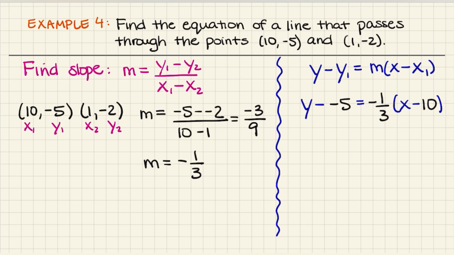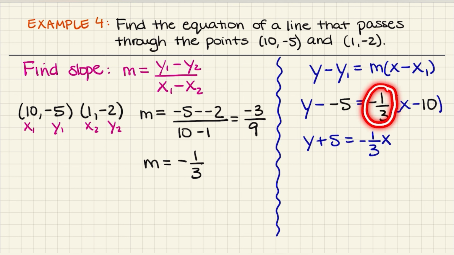Now let's simplify. So let's distribute our negative 1/3 to everything in the parentheses, and we'll also simplify this side. Minus a negative is a plus, so we're just going to go ahead and write that. So y plus 5 equals negative 1/3 times x, which is negative 1/3 x.